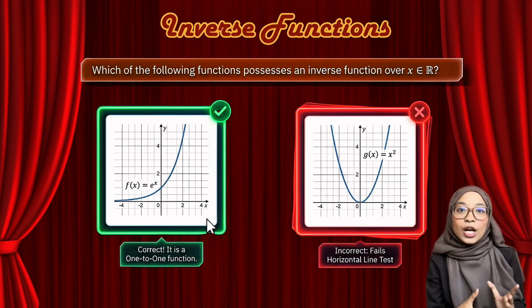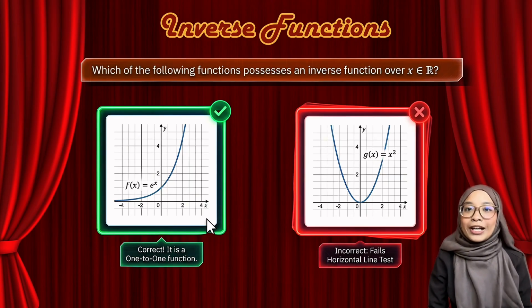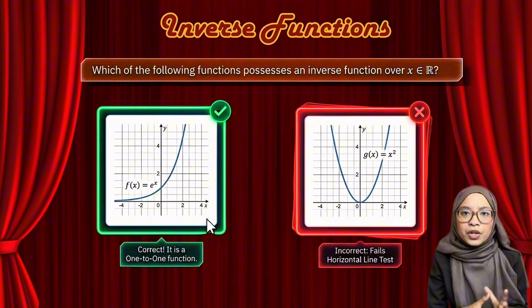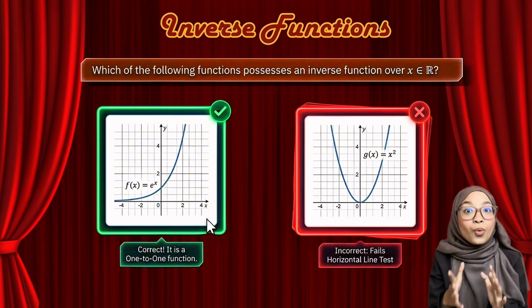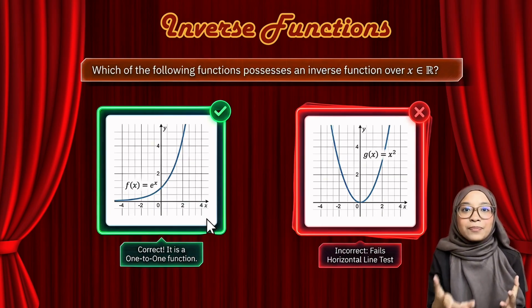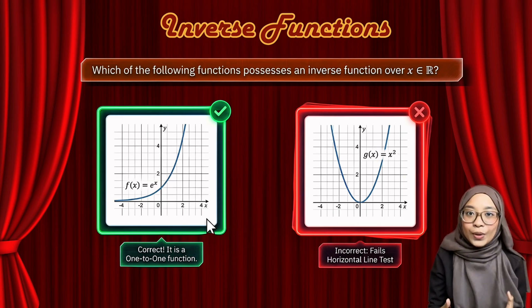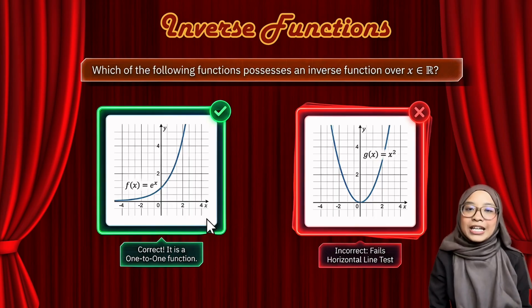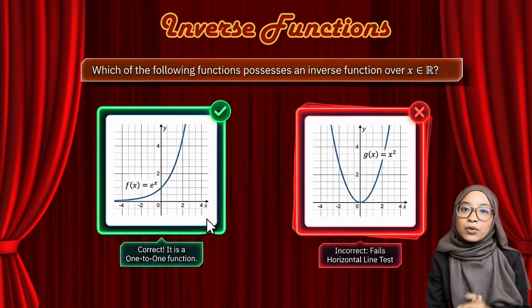On the left, look at f(x) equals e to the power of x. Any horizontal line we draw crosses the graph at most once. This means the graph passes the test. It is a one-to-one function, so its inverse exists. On the right side, look at g(x) equals x to the power of 2.